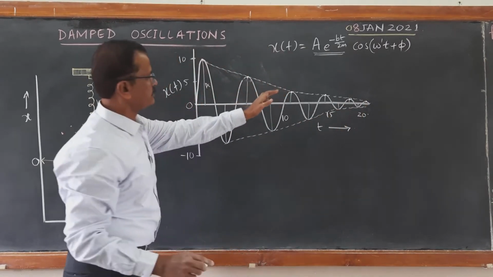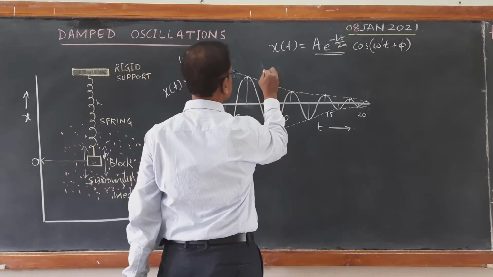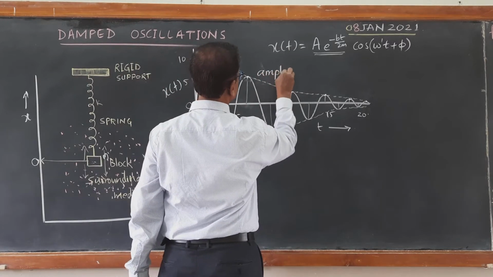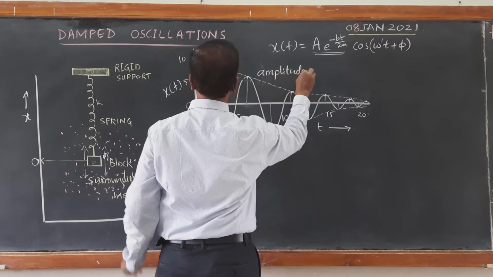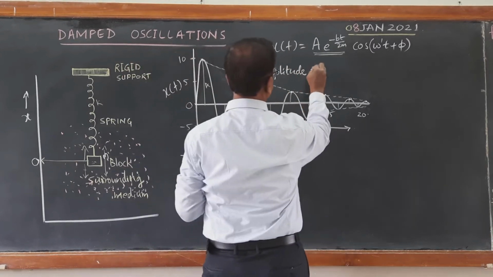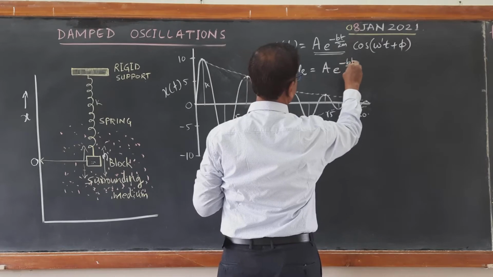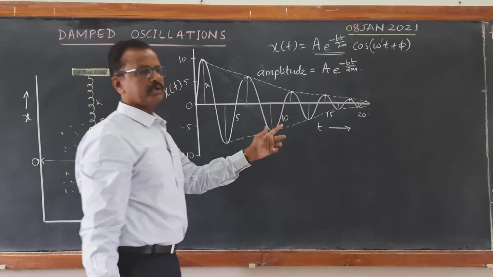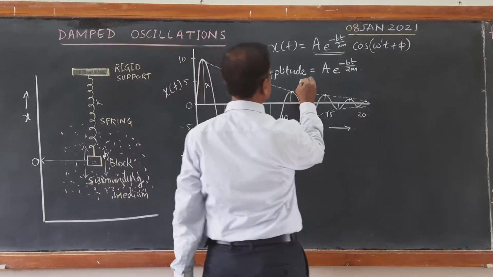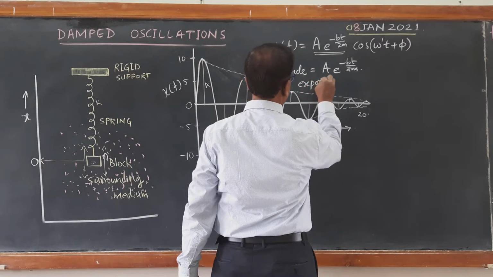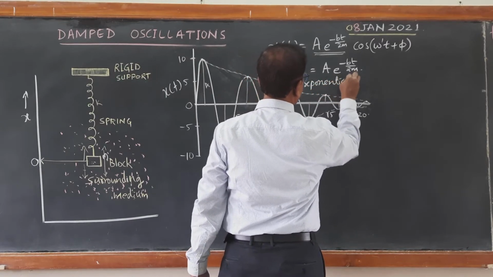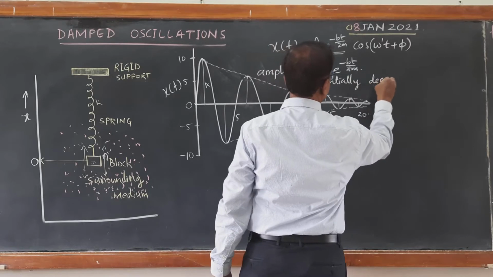So the outline which I have drawn is about the amplitude. So the amplitude of the damped oscillator is equal to A e to the power minus bt upon 2m. So, exponentially decreasing amplitude.